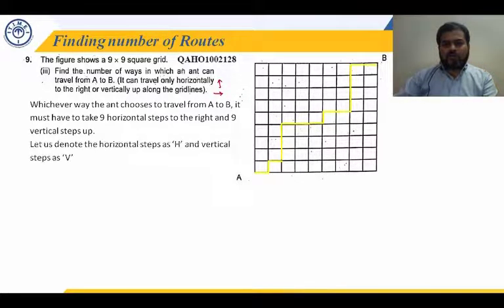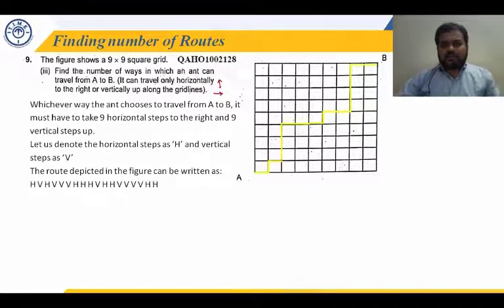Now let us denote the horizontal steps as H and vertical steps as V. So the route that I have just shown you in the figure can be depicted like this. Focus on my pointer: H, V, H, V, V, V, H, H, H, V, H, H, V, V, V, V, H, H. That is exactly what is written here.